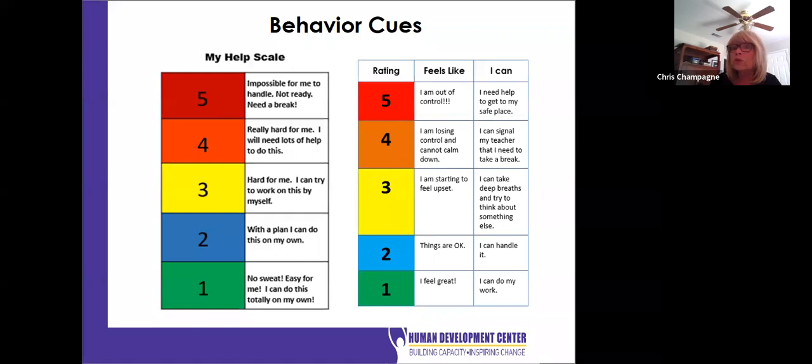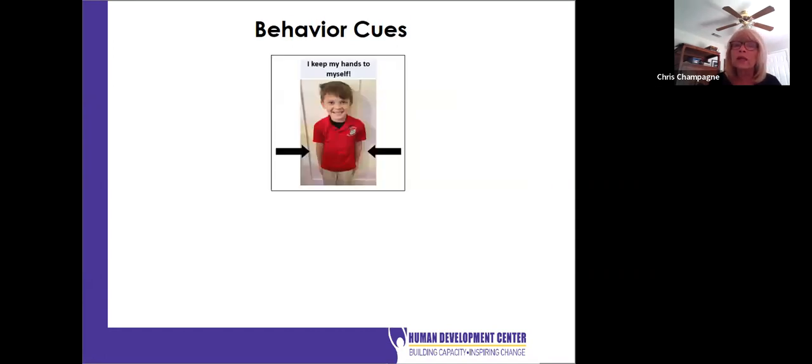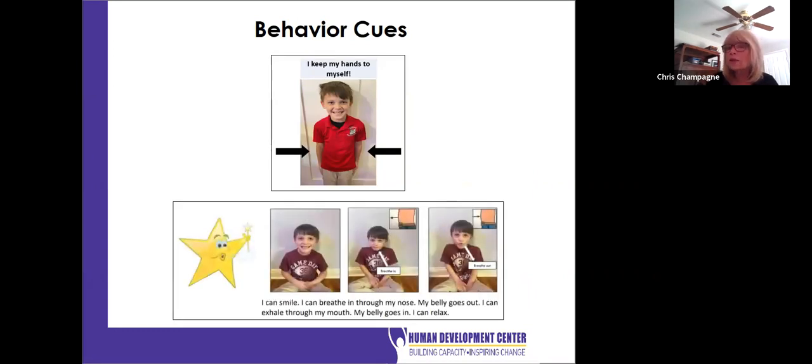If you have students that have pretty good communication and are older, they can help you put this together. And even the little guys can sometimes draw pictures of what it looks like when they feel that way. So it's nice to engage them on these. This is one that's courtesy of one of my coworkers, and this is a great idea.